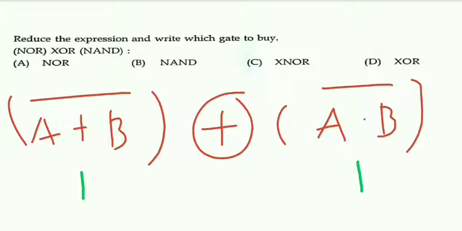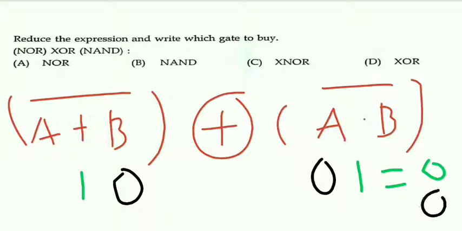NAND gives A dot B, 0 into 0 is 0, complement 1. 1 XNOR 1 is 0. Similarly, if you substitute A and B as 1, NOR gives 0, and NAND gives A into B, 1 into 1 is 1, complement 0. So the output is again 0. So same input will give output as 0.